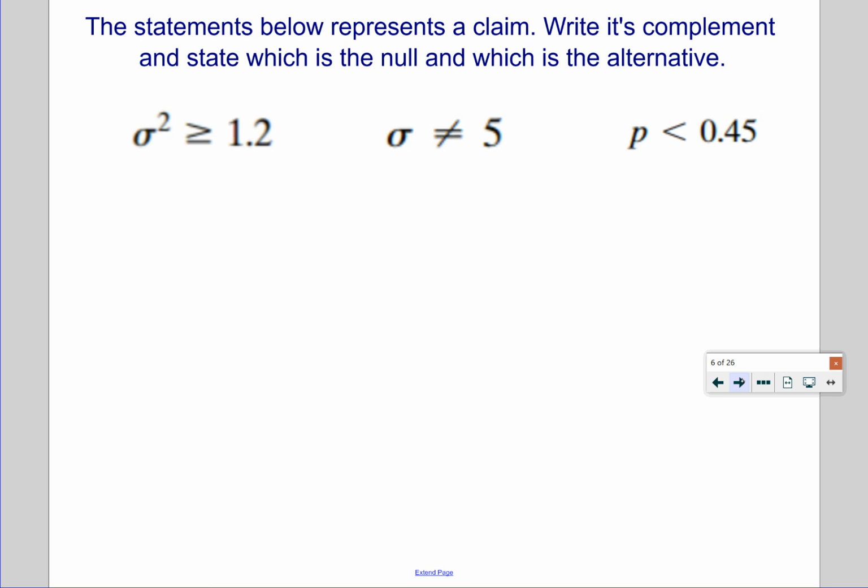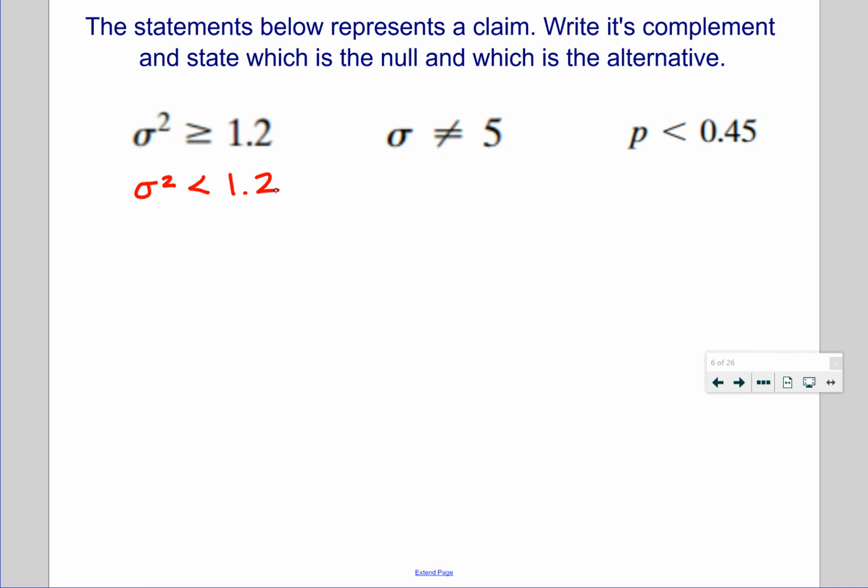The claim is that the variance of whatever is greater than or equal to 1.2. What is the complement of greater than or equal to? It's everything else, right? Which would be what? Think about the number lines. It would be less than. All right, so the complement, I should say, is less than 1.2.